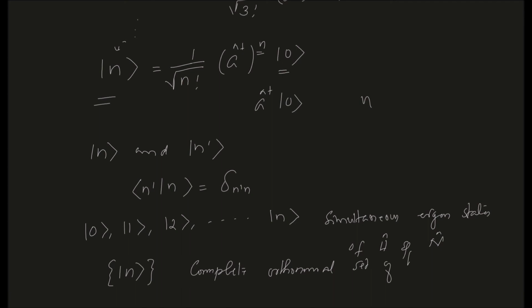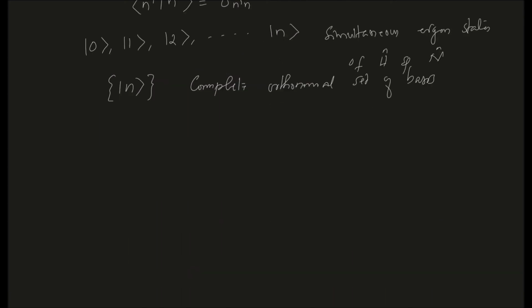Complete orthonormal set of bases means we have already seen that the inner product between n prime and n is equal to delta n prime n, and the completeness condition tells you that if you sum over all these possible states and the projection operators of these states, this must be 1.